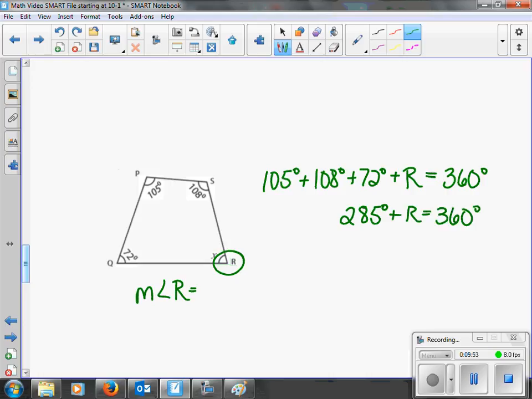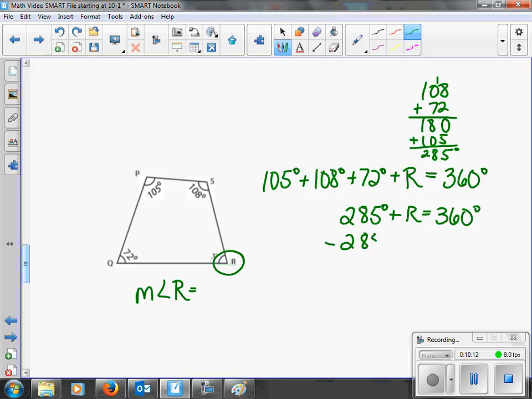If I lost you, I just did 108 plus 72 only because I know 8 and 2 are 10, it just made the math easier, and then 180 plus 105, and that gave us 285. I'm just doing that in my head so I can be fast.